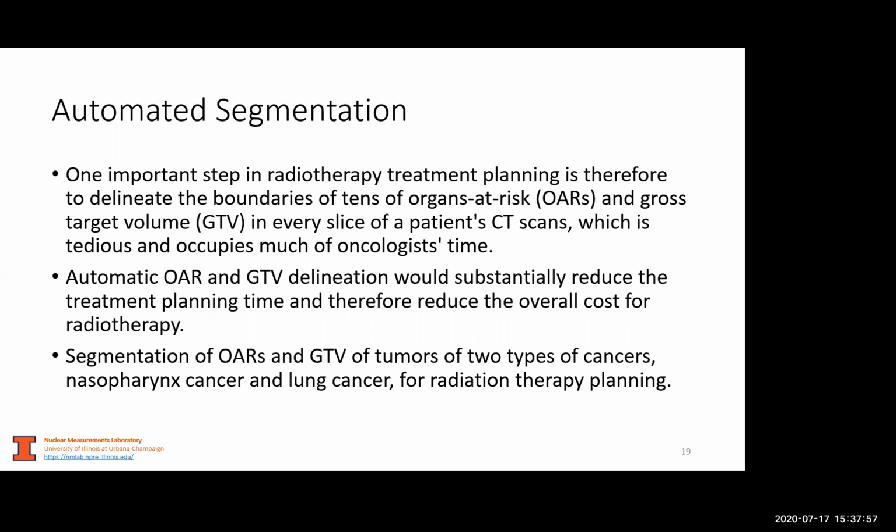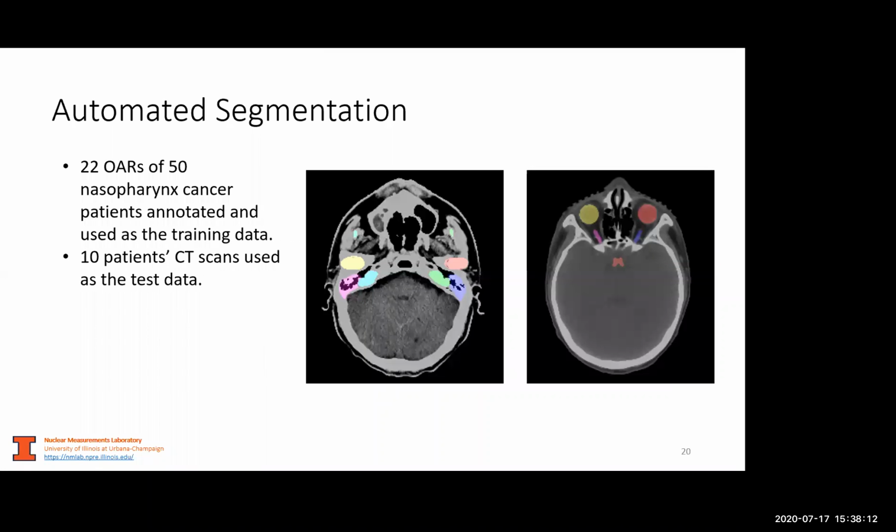This doesn't really change at this stage between X-ray radiotherapy and proton therapy. So this is applicable to both therapeutic approaches. We had available 22 organs at risk of 50 nasopharynx cancer patients, and they were annotated.